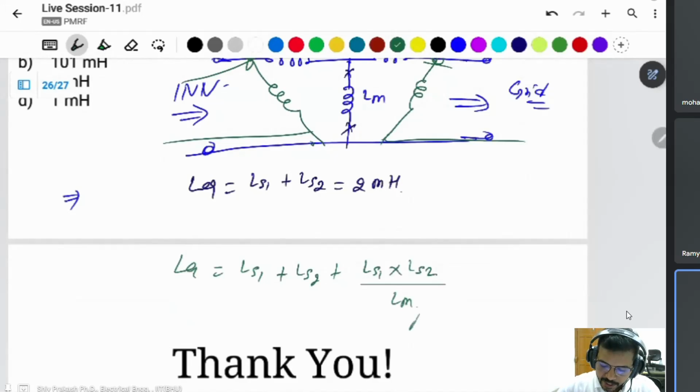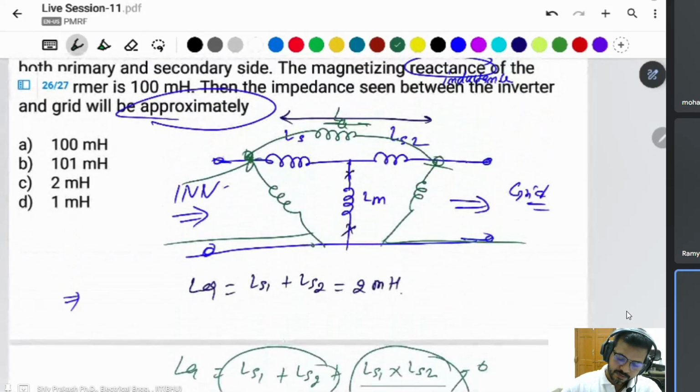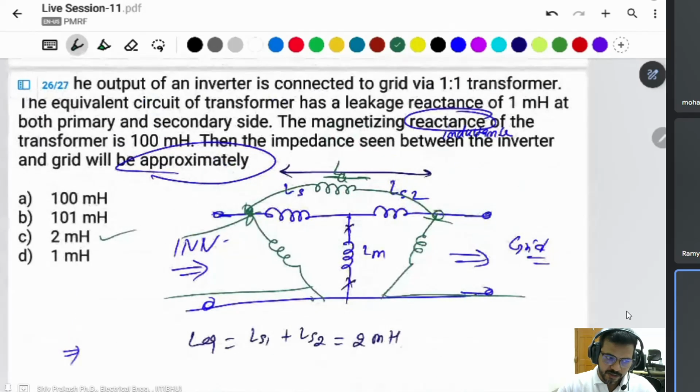This LM will be very high with respect to the others, so you can neglect it. LS1 and LS2 are there, 1 millihenry each, so 2 millihenry.